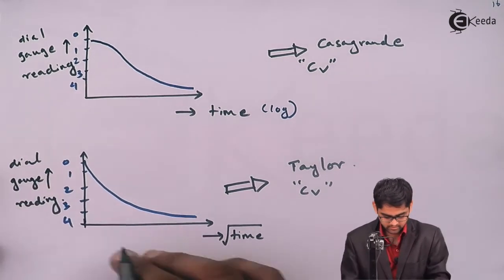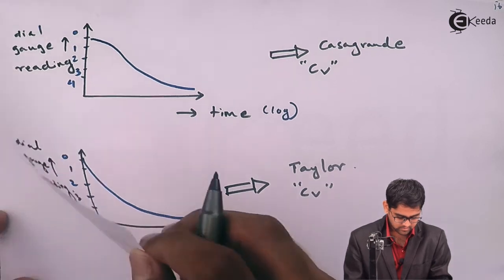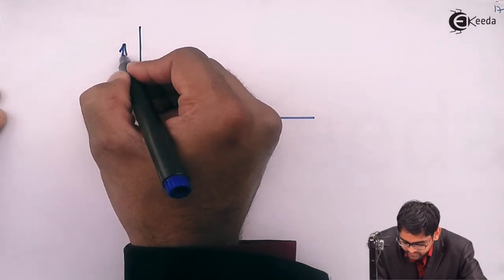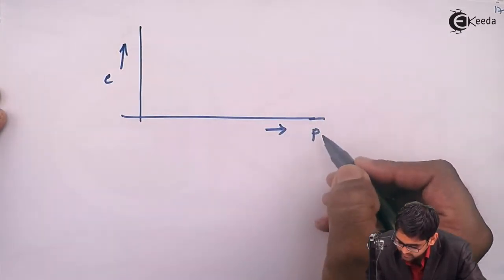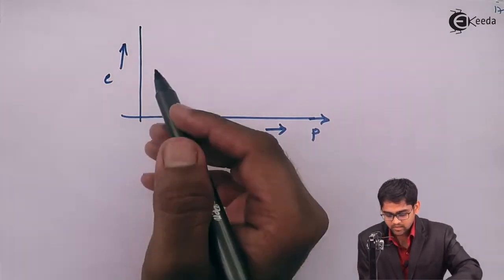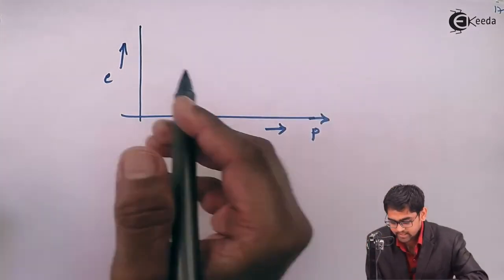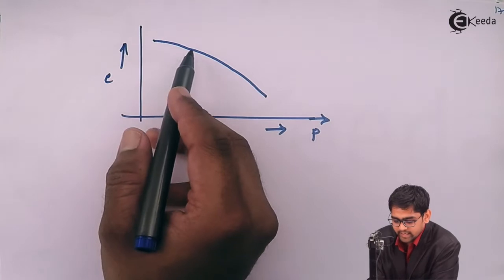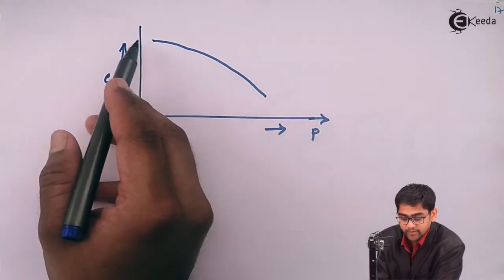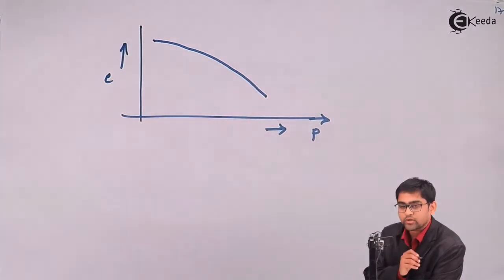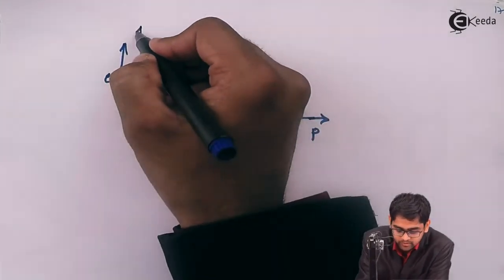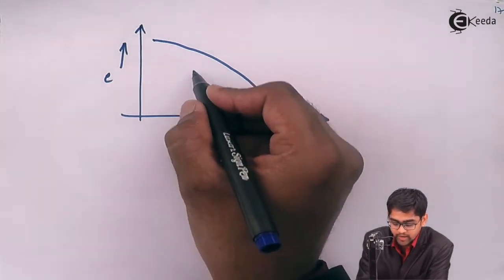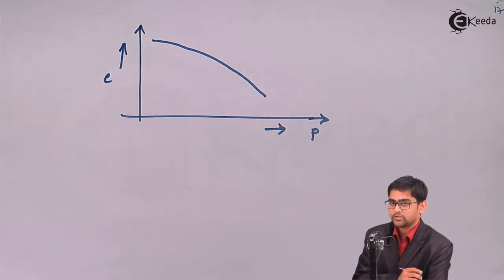In the earlier stage also I have drawn this particular e-p curve. See, in many cases the curve would be like this way. If the curve is like this, it is not easy to determine the recompression part and the virgin compression part, and then you will follow the Casagrande procedure to find the point corresponding to the pre-consolidation pressure.